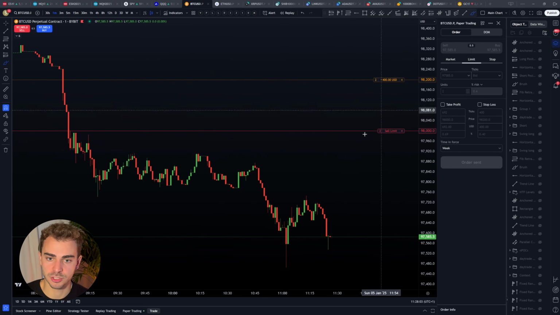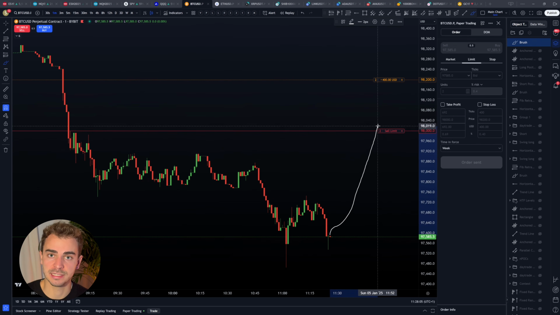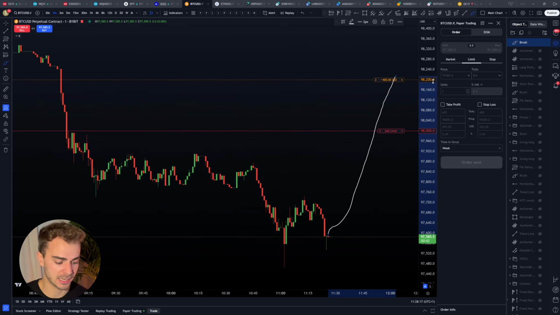So if price just breaks through 98,000 and hits 98,200, my limit sell order here is going to be cancelled and stopped out at 98,200. So this can be particularly helpful if a trader is not actively in front of the PC and wants to place trades at predefined high levels of confluence.